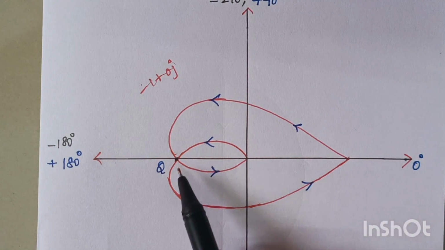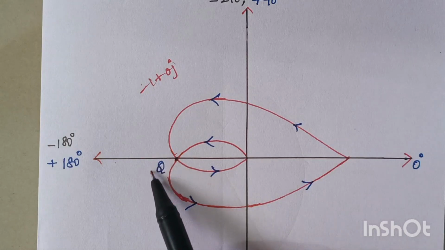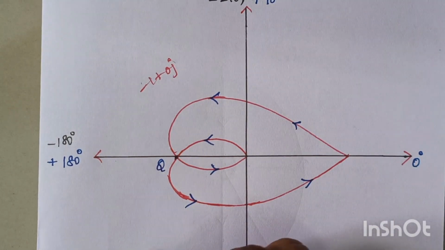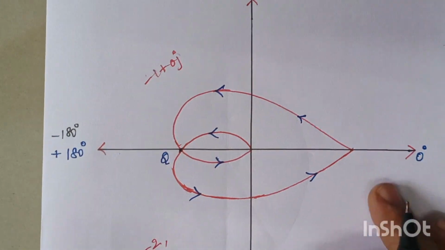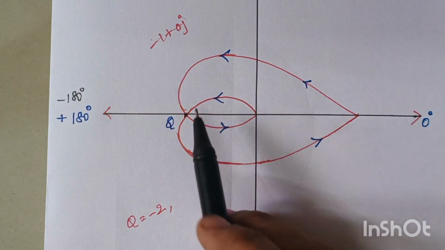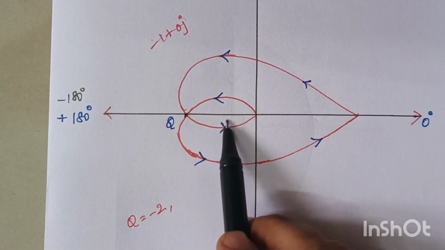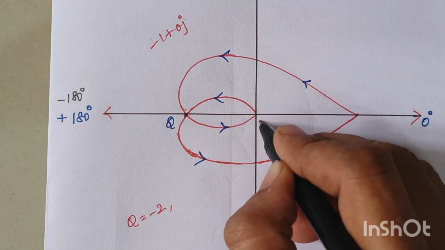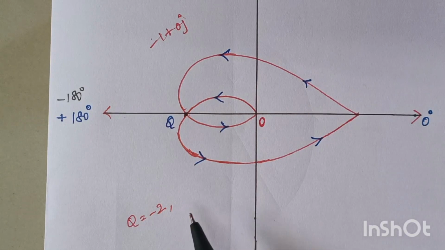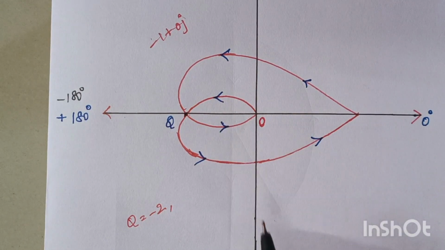So for example, assume the value of q is minus 2. Now tell me whether this point is encircled or not. This is minus 2, right? So automatically minus 1 has to lie in this area, because this is your origin, this is your 0. In this case, we can say that the point minus 1 plus 0j is encircled.